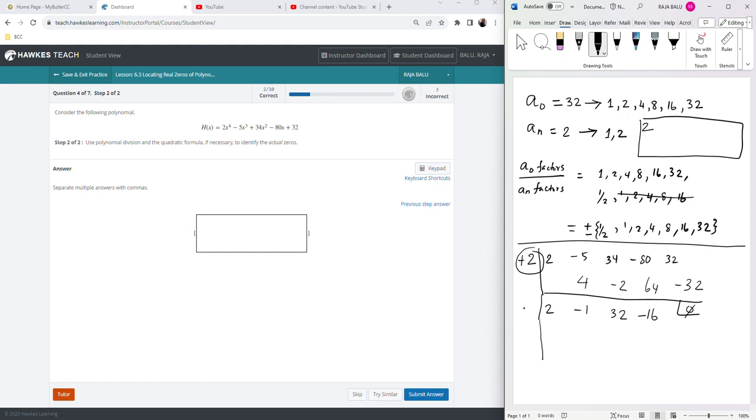I'm tempted to try 2 again, see if that helps. It may not. In that case, we will erase it. So 2 gives me 4. This would be positive 3. 6 would be 38. It's not working, is it? So this is not 0. So 2 won't work again. Sometimes it will work twice, and we have to double check that anyway.